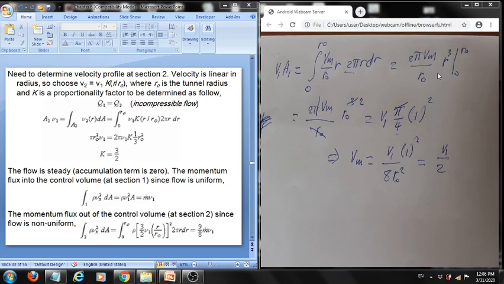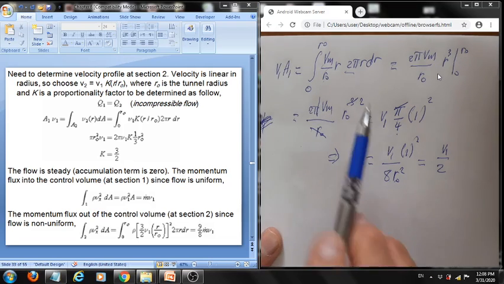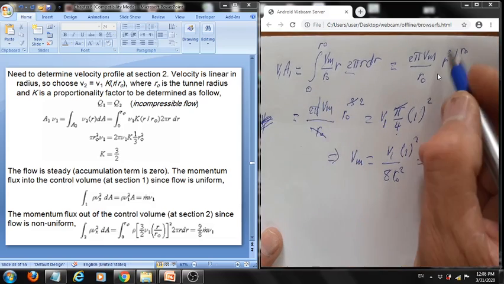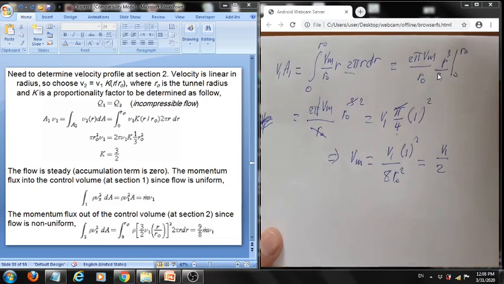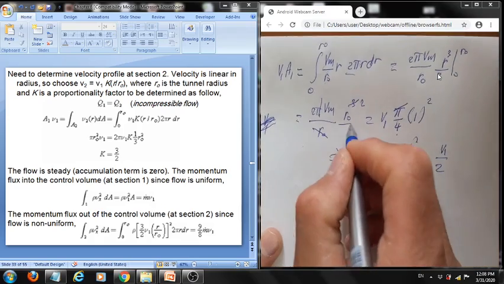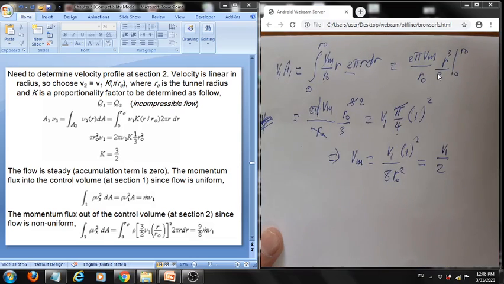It looks like I have made a mistake when I have integrated r squared. I should have divided by 3 like this, and also again divide by 3, and we will solve it for Vm. This becomes 3/2 V1. So now we have the velocity profile.